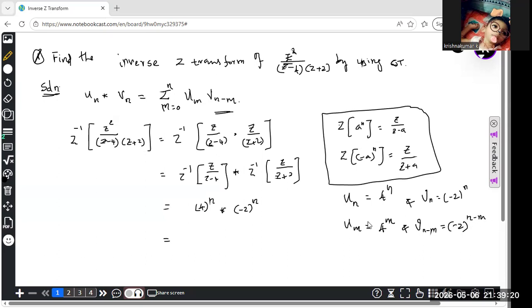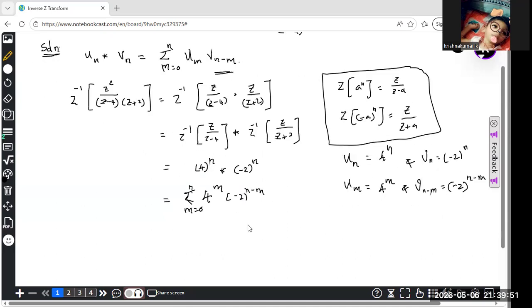So you know the functions um and v n minus m. To remove this star, you just write this expression, summation, m from 0 to n, of um, which is 4 power m, into v n minus m, which is minus 2 power n minus m. Now here this m only varies from 0 to n.